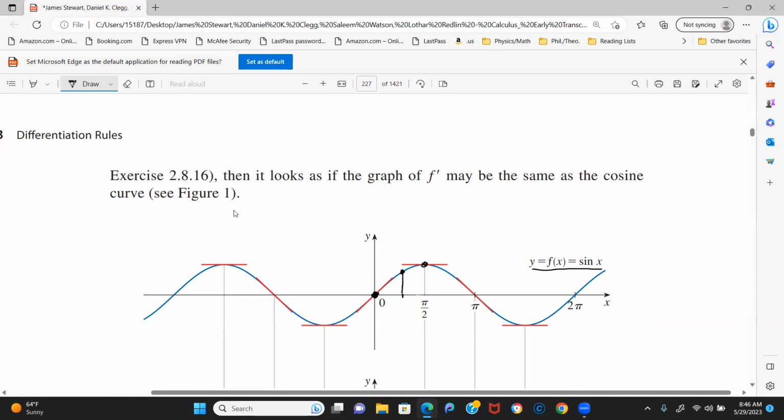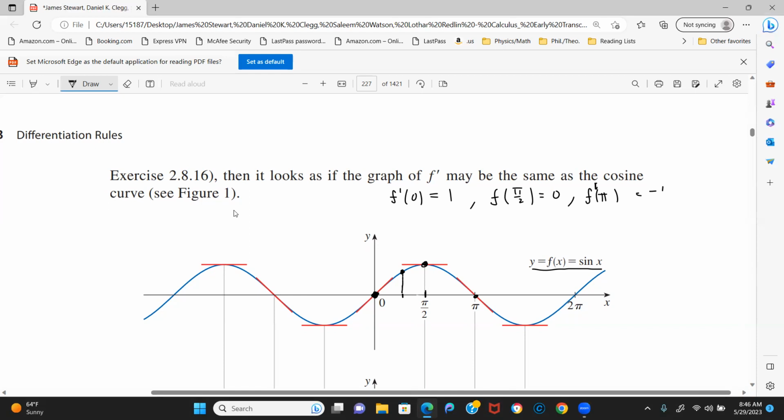At this point right here, pi over 2, the slope of the tangent line is 0. So we can write some stuff down. At 0, f prime is 1. At pi over 2, f prime is 0. And at pi, f prime of pi is -1.